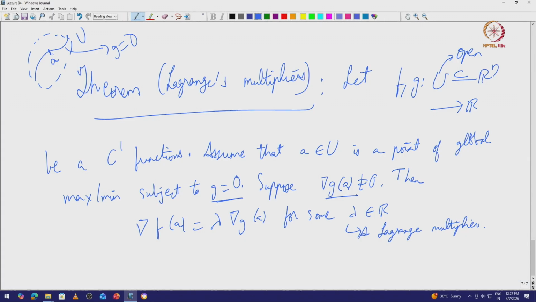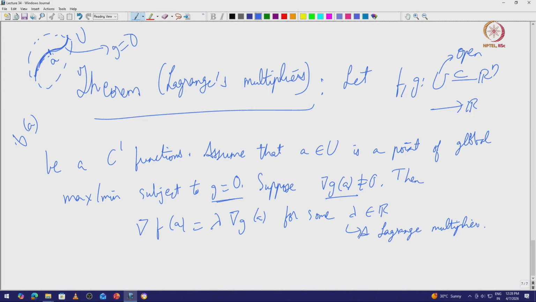This is a point of global maximum or minimum of f subject to this. That means if you look at all the values on this curve, g equals 0, which lie in U, you look at the values of f, okay, and f of A is the maximum or the minimum of all such values, okay. So that's what it means to say global maximum subject to a constraint.